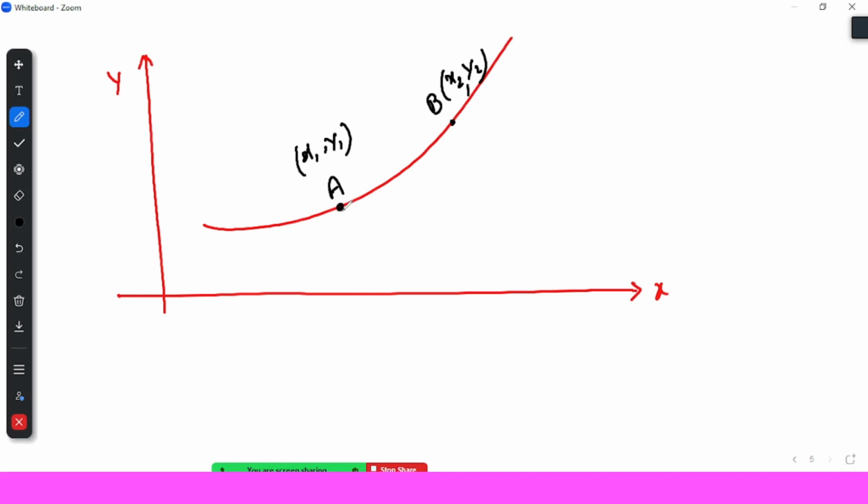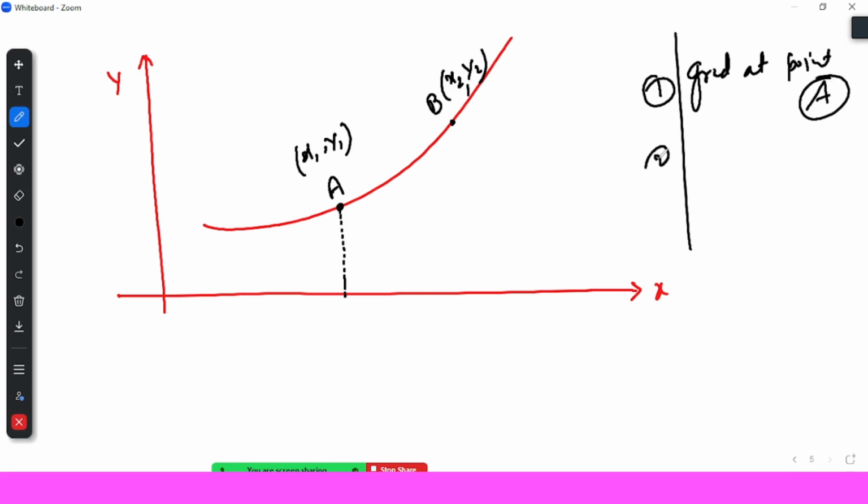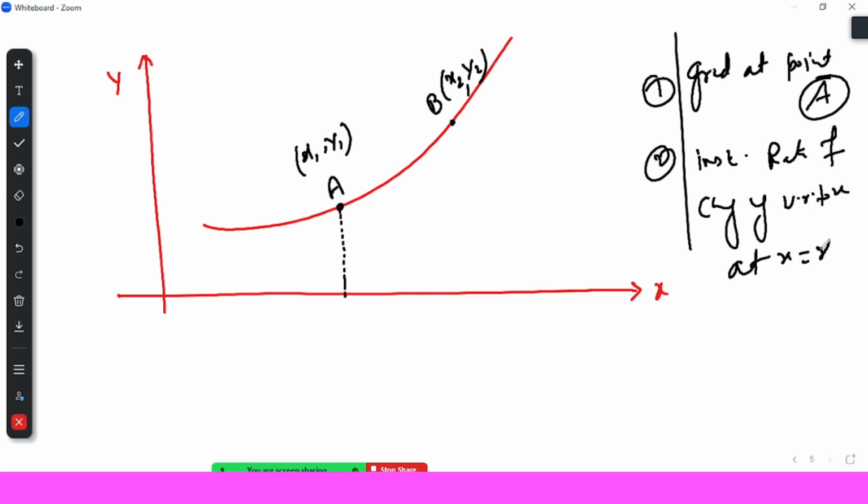And I want the gradient at point A, or you can say I want the instantaneous rate of change of y with respect to x at x is equal to x1.